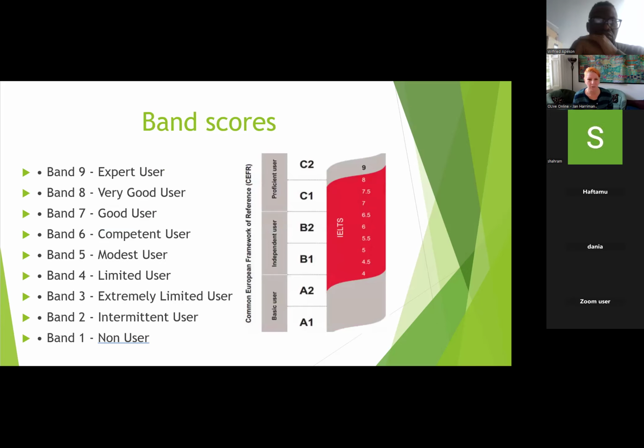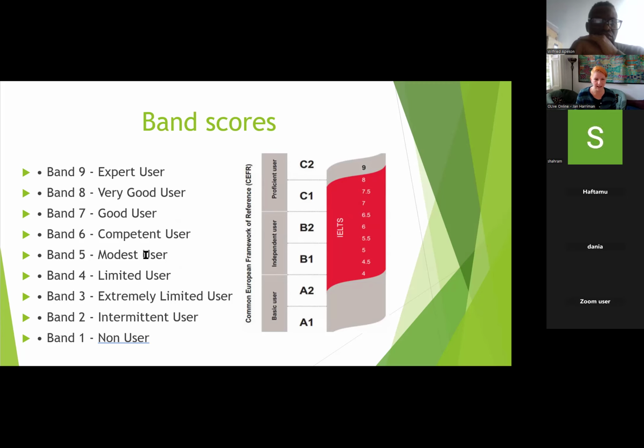So, right, these are how the band scores are described. No one takes the exam as a band one. The lowest anyone ever starts at is band two. And that's words and phrases, but not necessarily full sentences or more.